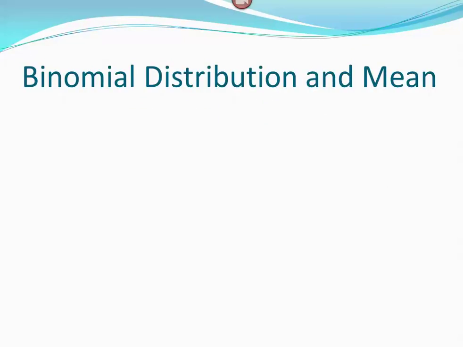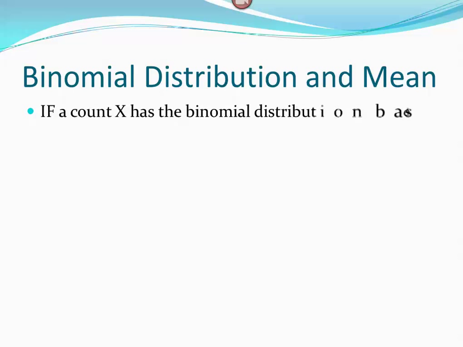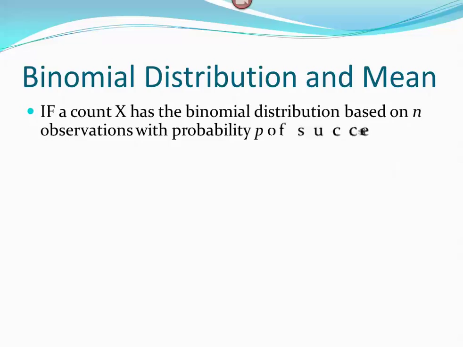First, let's talk about what this means. What does it mean to find the mean of a binomial distribution? So remember that the binomial distribution uses the idea of the random variable x, where x is counting the number of successes in n different trials or experiments.